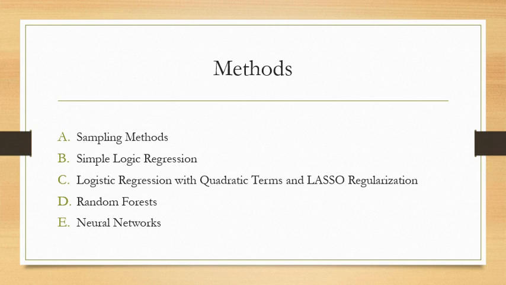When we move on to simple logistic regression, it is widely used as a discriminative learning algorithm that uses a hypothesis. He also looked at logistic regression with quadratic terms and lasso regularization.